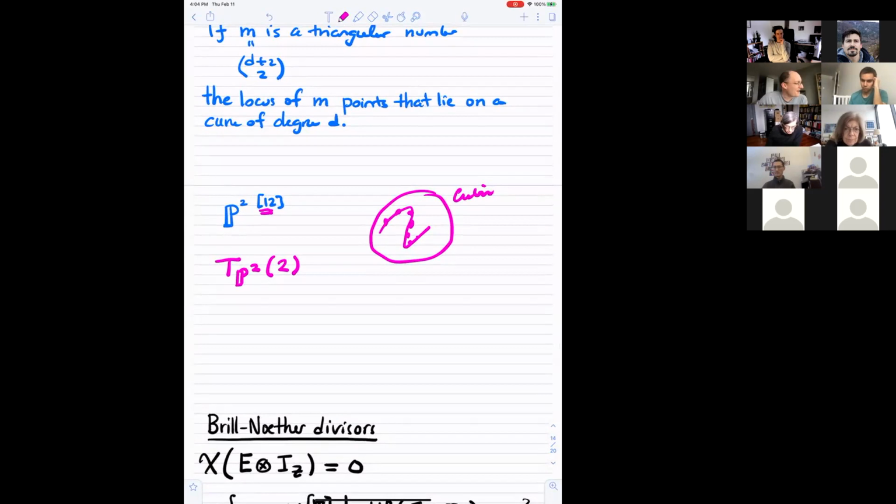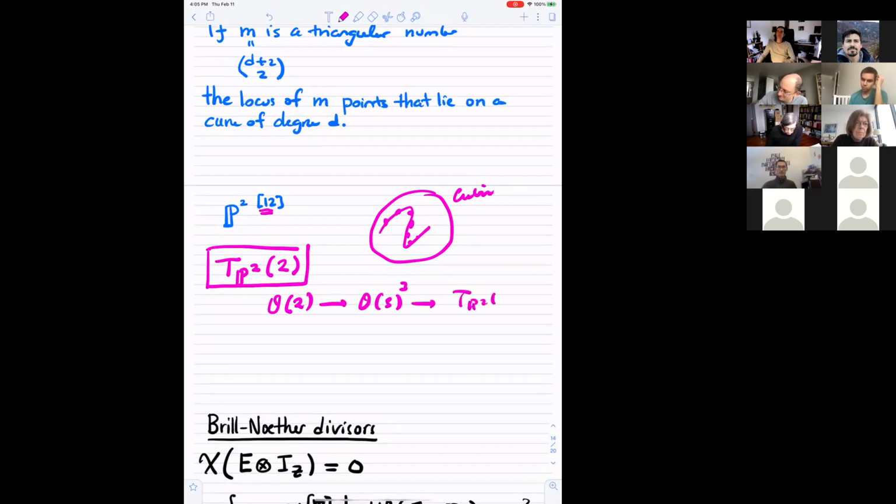The way you should think about this is that the sections of this thing are degree 2 polynomial valued vector fields, if that makes sense. But in particular, we can compute the global sections of this thing, how many global sections there are. There's something called the Euler sequence. So if I twist it by 2, it looks like this. And then the point is that the dimension of the global sections of this is 24.